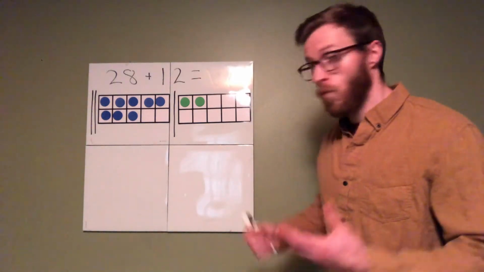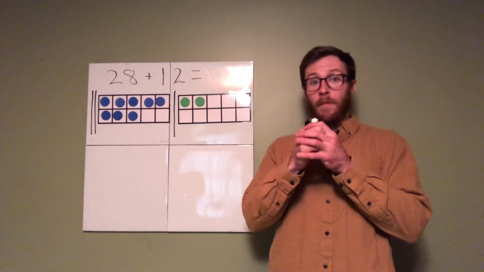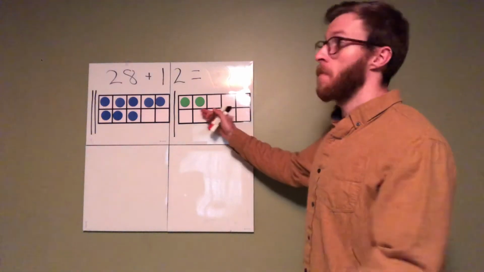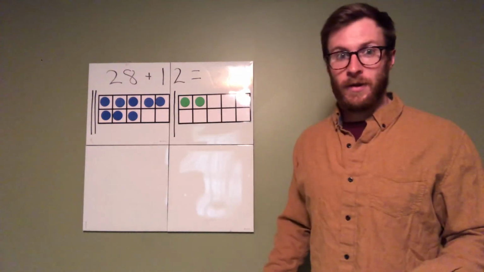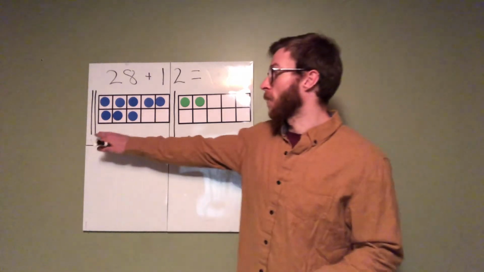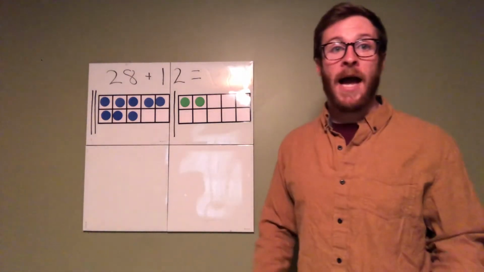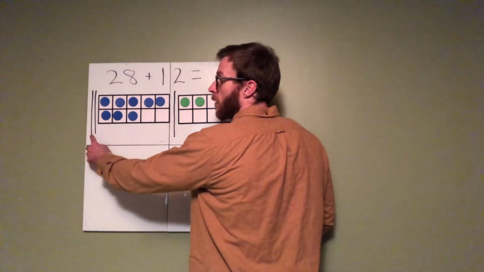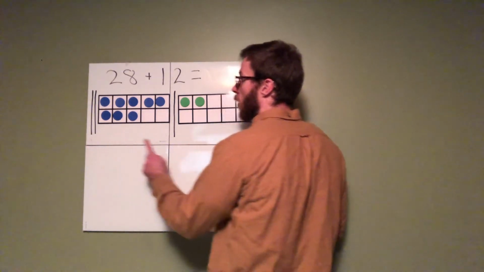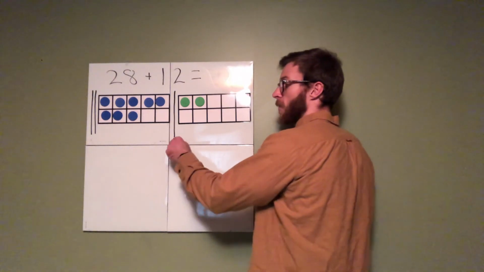Now, when we're adding things together, we are combining those two numbers, so we're going to combine these two pictures. Are we going to start with the 10s or the 1s first? We're going to start with the 10s. So let's count how many 10s we have all together. Ready? We have 1, 2, over here, this 1 makes 3.